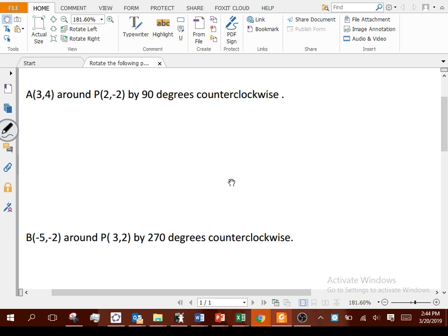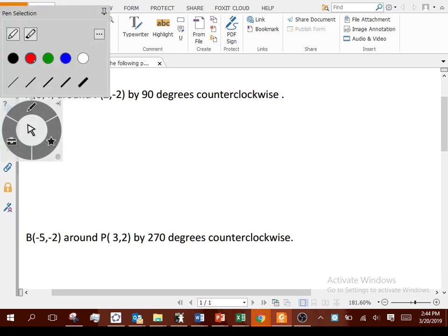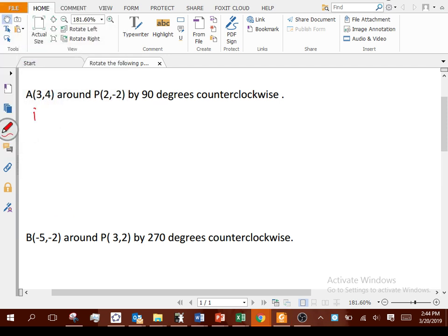Okay? So what I mean by that, and this is kind of the process that hopefully you go through, and then we'll do it maybe on number 2 here, but let's just look at number 1 first. So we went through the rule that says step 1 is to take the point you're going to rotate, 3, 4, and you're going to remove from that the center of rotation, right?